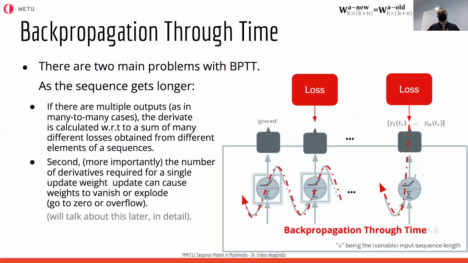But the more important problem, which people realized working on recurrent neural networks in the 80s, is that as the sequence gets longer, the gradient starts to vanish or explode, usually vanish because of the type of the activation function. That was what they practically observed.